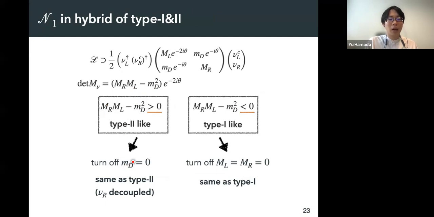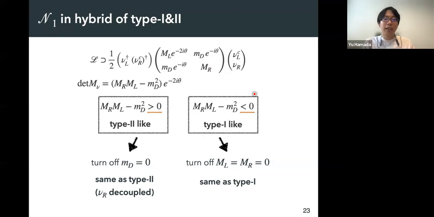Then after turning off the Dirac mass, we can see that this is completely the same as the type 2 case, because when these components are 0, the right-handed neutrinos are completely decoupled. So we only have the left-handed Majorana mass here.